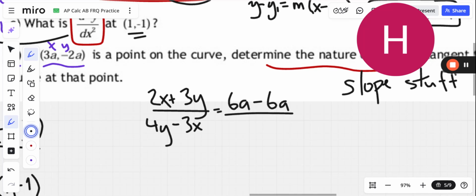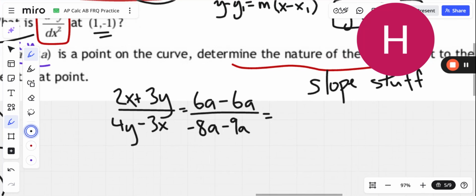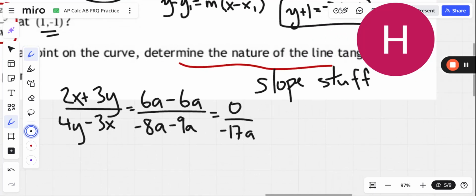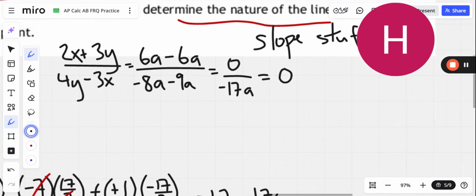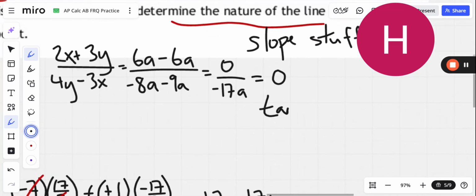Interesting. On the bottom, we'd have negative 8a minus 9a. So this equals 0 over negative 17a, which, assuming that a is not 0, this just equals 0, which means the tangent line is horizontal at this point.